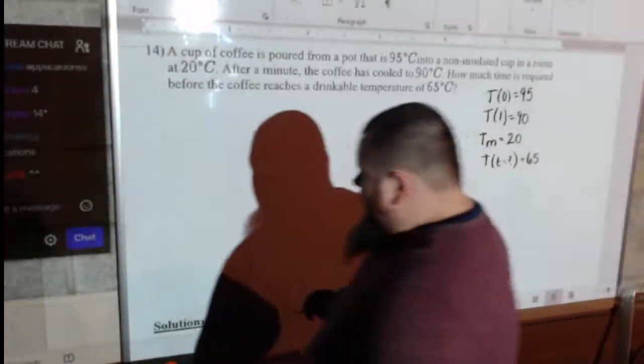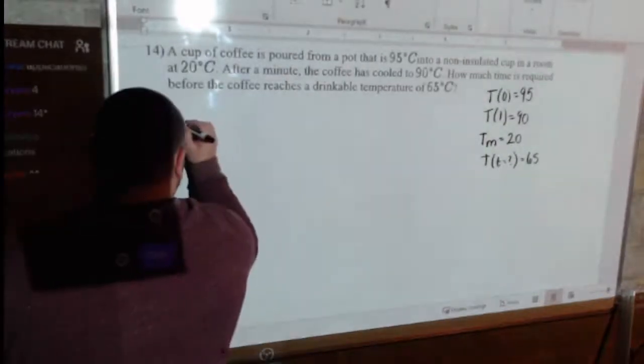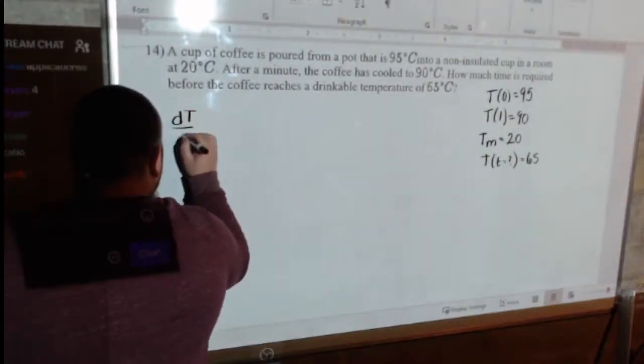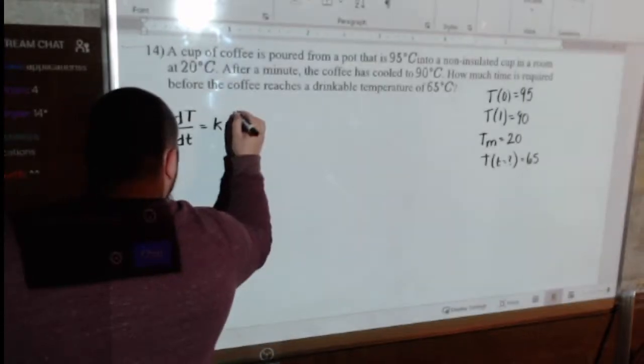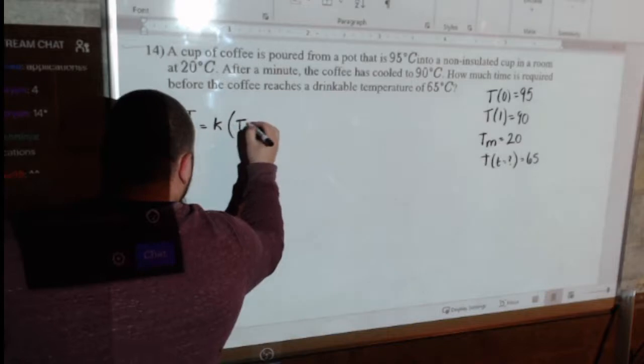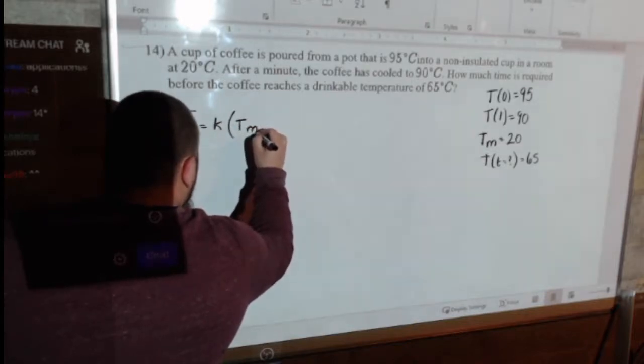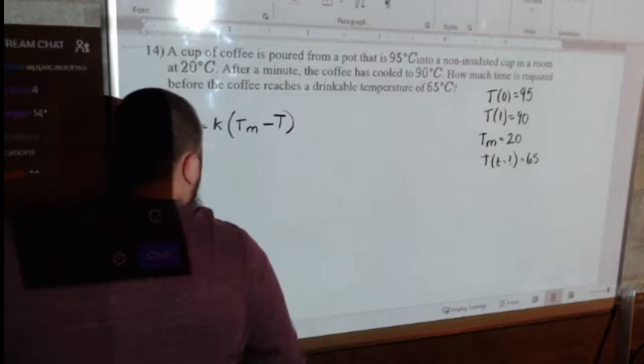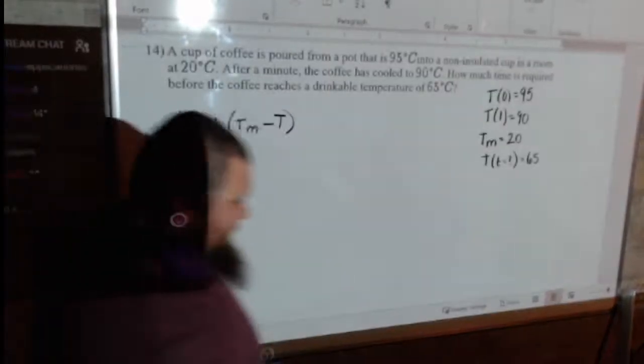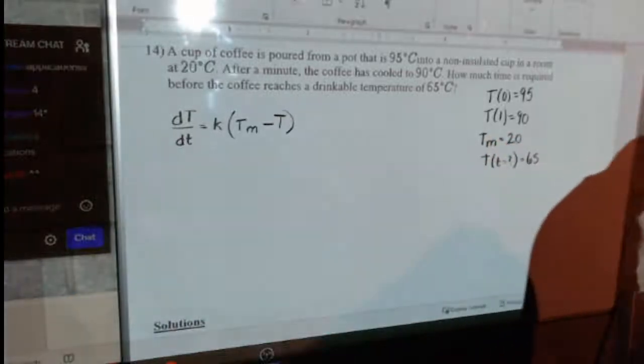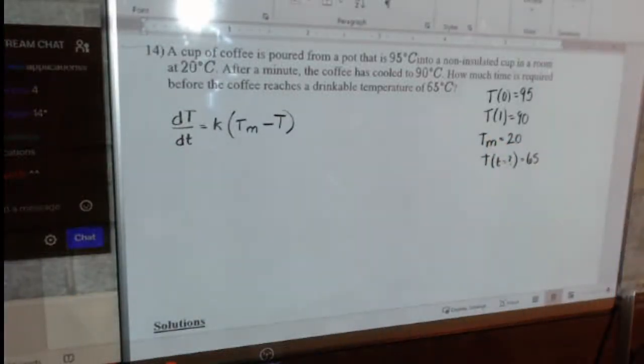So recall, we had the form: derivative of temperature with respect to time equals the constant of proportionality k times Tm, I believe it's minus T. Let me just check myself on that real quick. Feel free to chime in if you think that's good. Pretty sure it's right, but I'd rather not make a fool out of myself here.